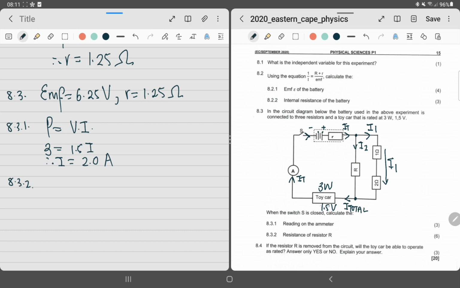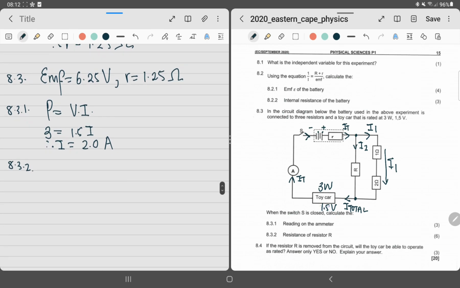8.3.2. We need to find the resistance of R, that R there. So the first thing we need to find is the R external, because we don't know what the total resistance is. Since we have the EMF and the internal resistance together with the total current, we will use this formula. We use this formula when we have the totals.